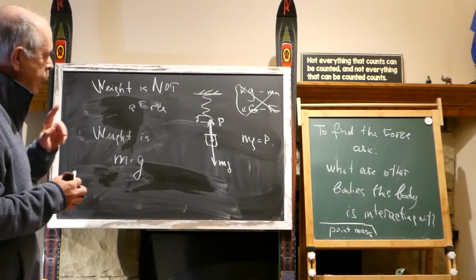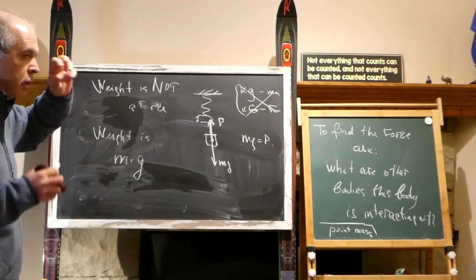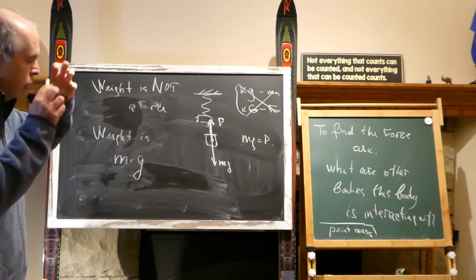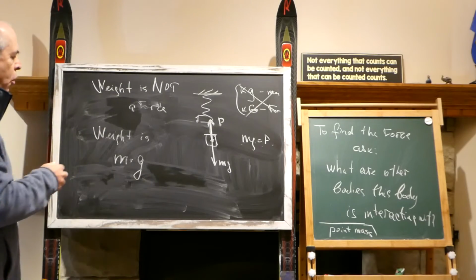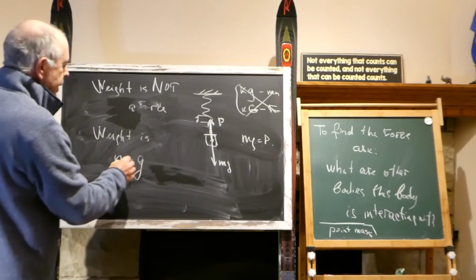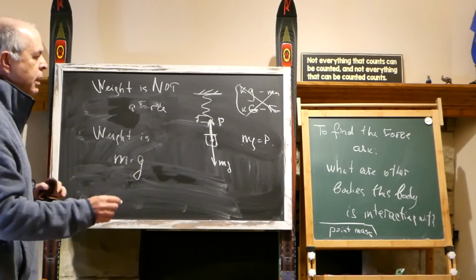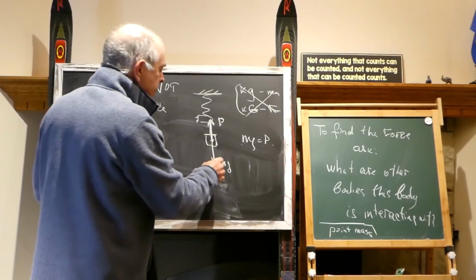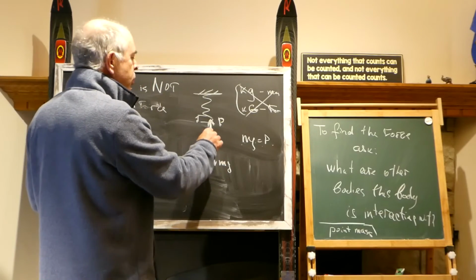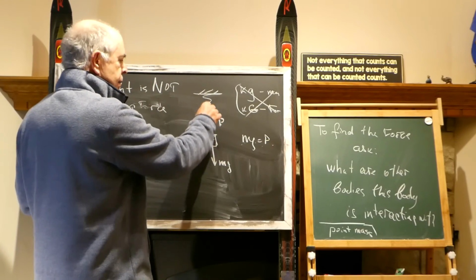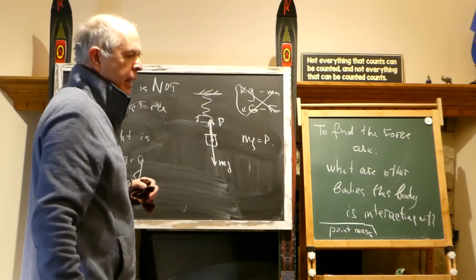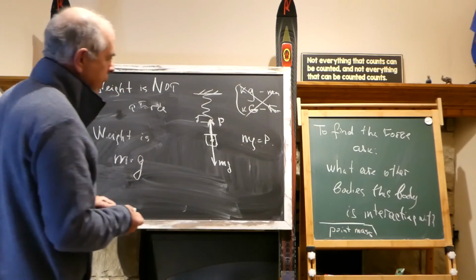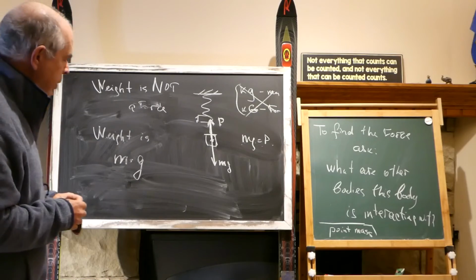But for the time being, once again, all that we have to get used to is that weight is not a real force. Weight is simply multiplication m times g that happens to be equal to the gravity force and the tension force that the spring creates here, or normal reaction if the body is on a surface.